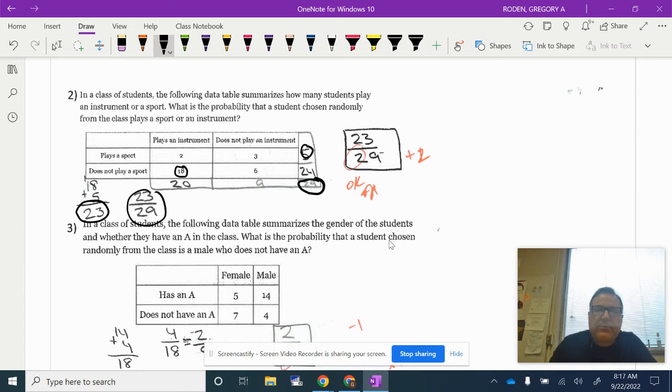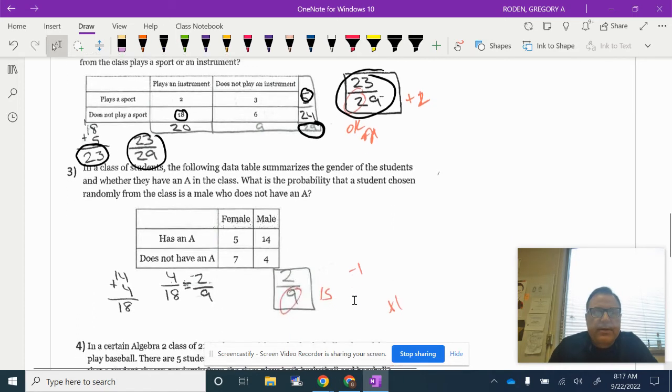So 23 over 29, and I believe that's reduced. So your answer is going to be 23 over 29 because 5 of them played a sport, and then 18 of them played an instrument. So you add those two up, 23, and that doesn't reduce.